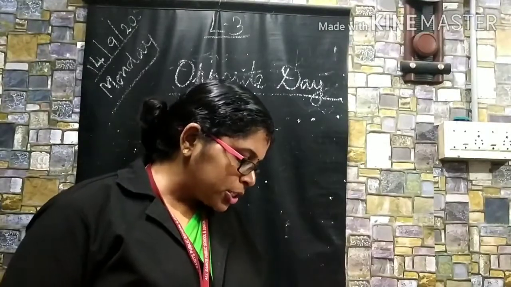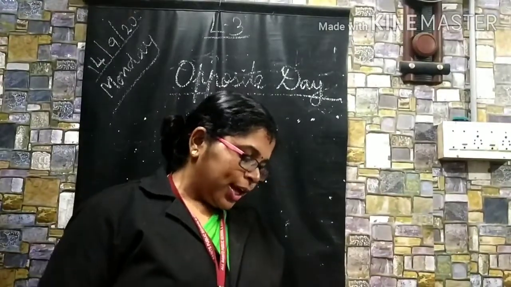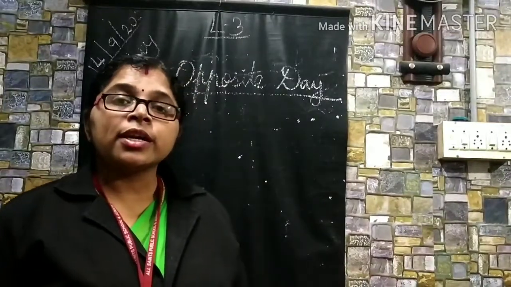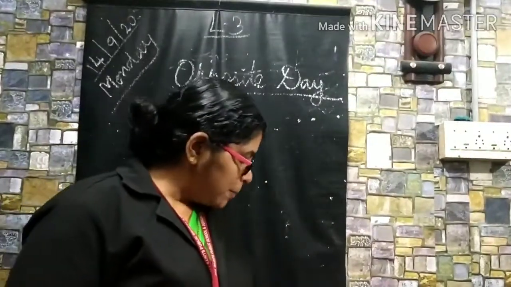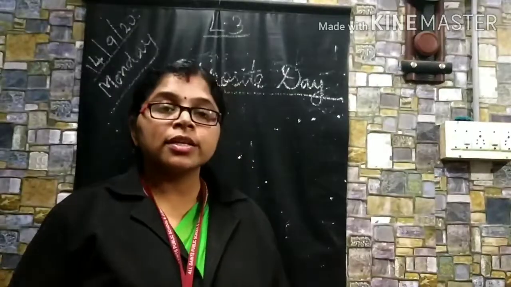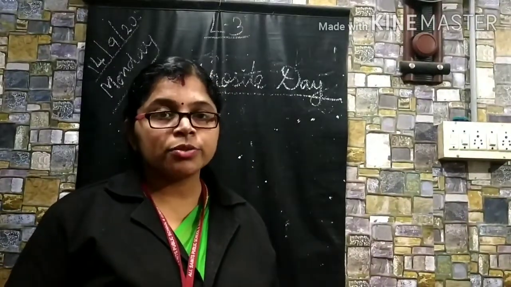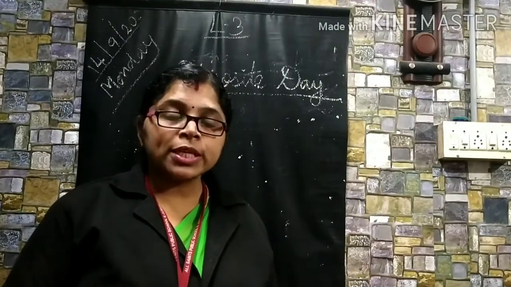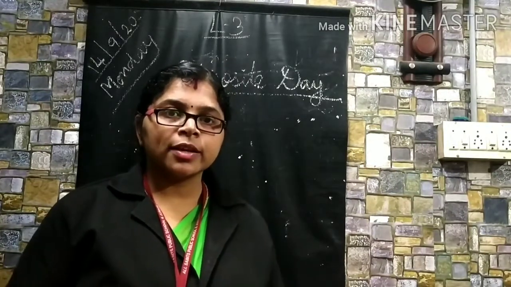Then come to page number 35, exercise A. You have to number those sentences in the proper way. Then page number 36, exercise E. The last one, you have to think of any opposite things.